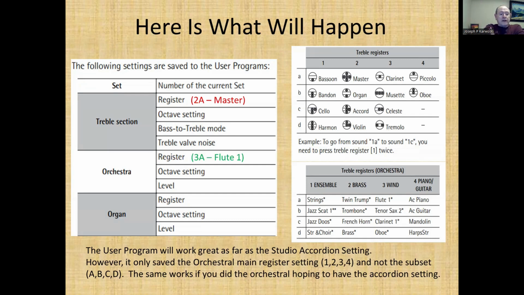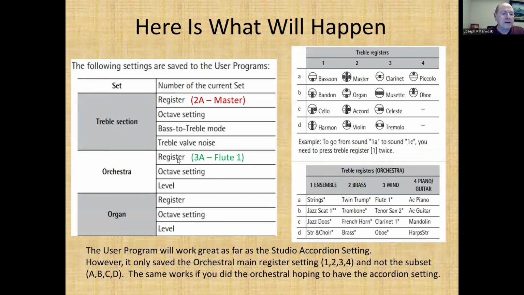But the user program works great for the accordion setting, but as far as the orchestral, it only saves the main registry setting. It doesn't save the subset that you were on.